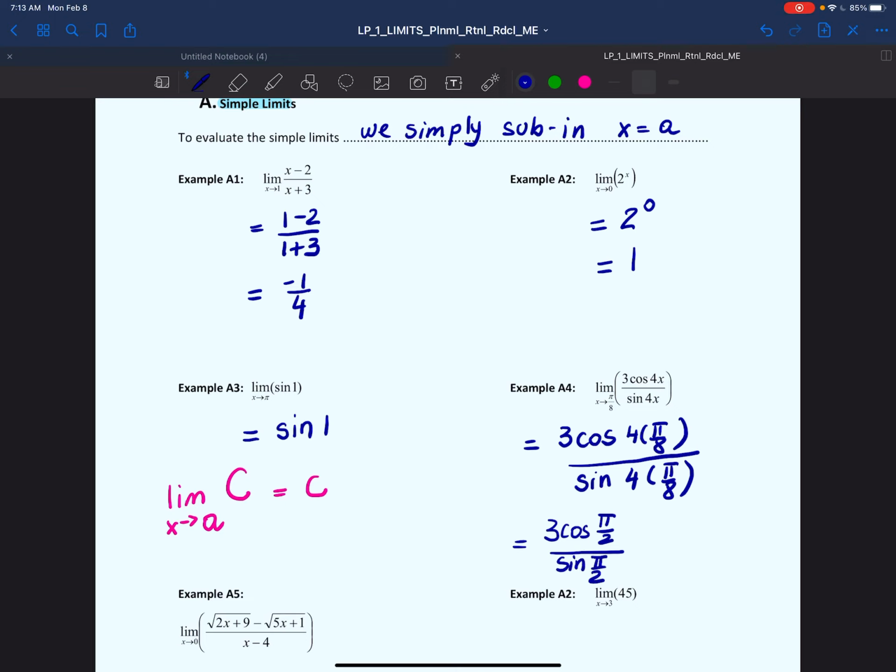Now cosine of 90 is 0, or cosine of pi over 2 is 0. Sine of pi over 2 is 1. The answer is 0 over 1, or simply 0.